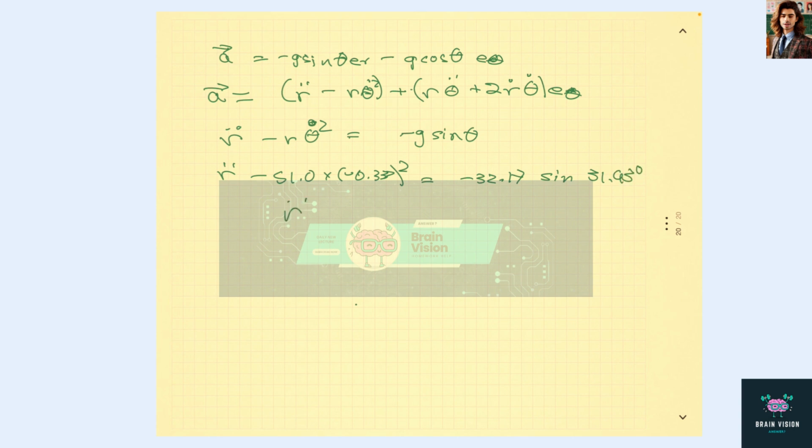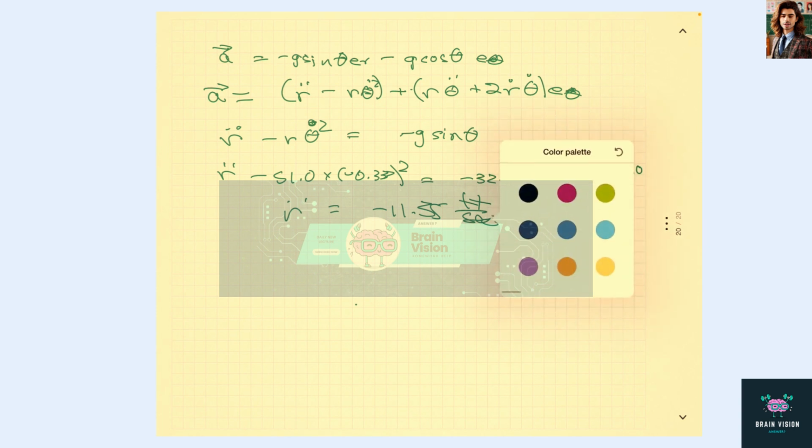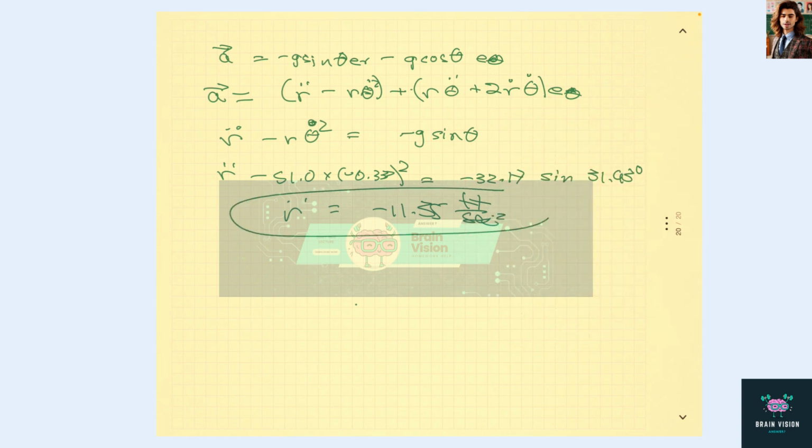We'll get r̈ equals negative 11.35 feet per second squared. I'm a little confused on some of my units here.